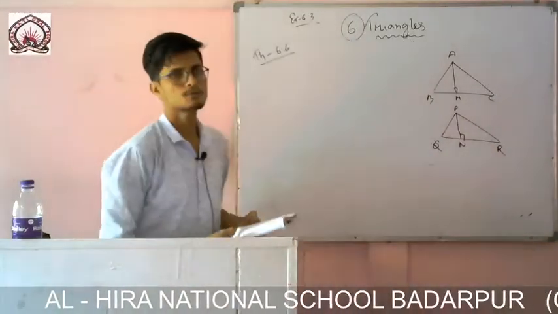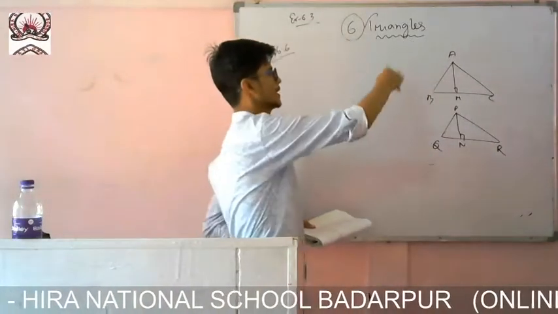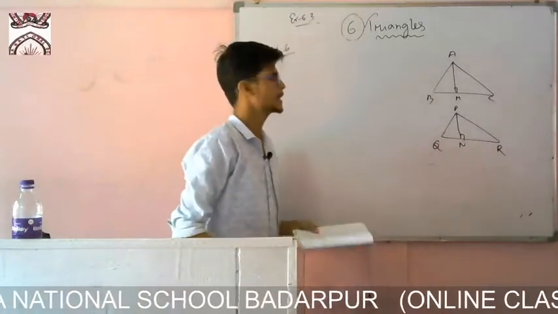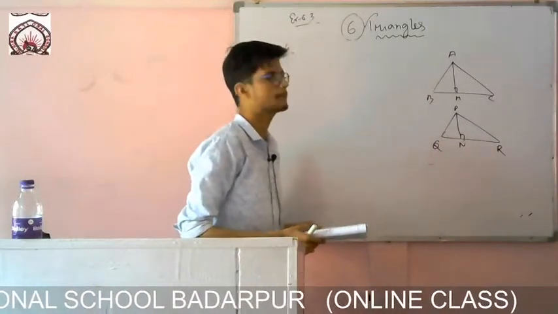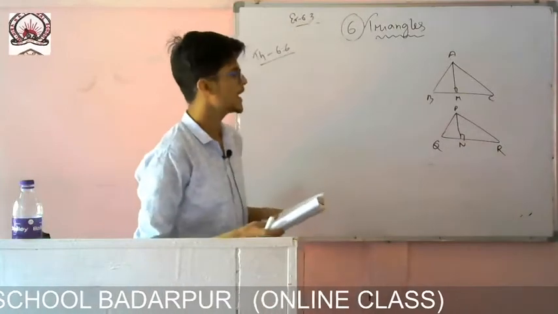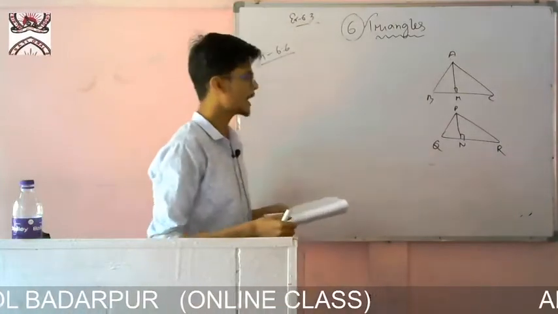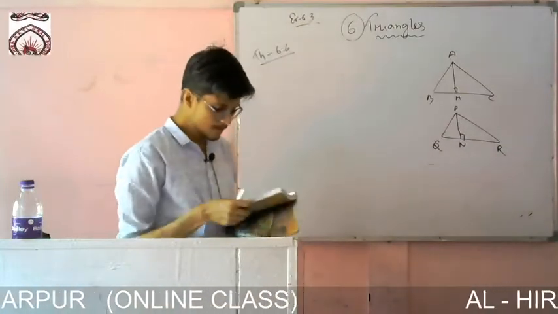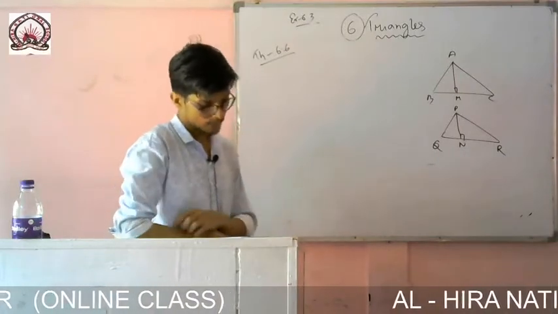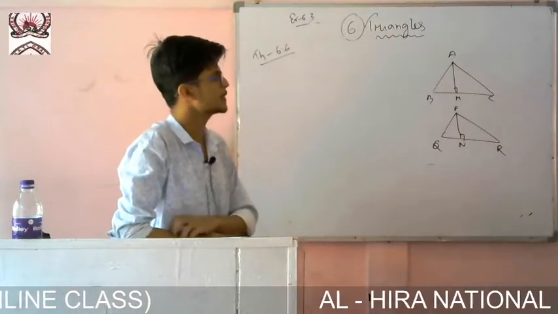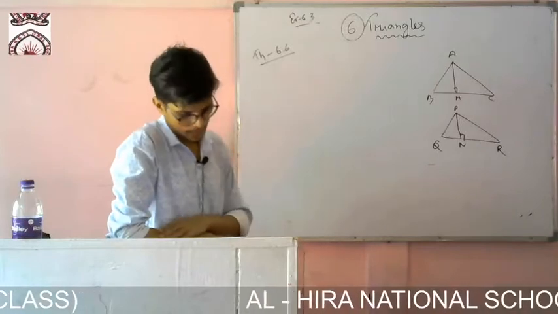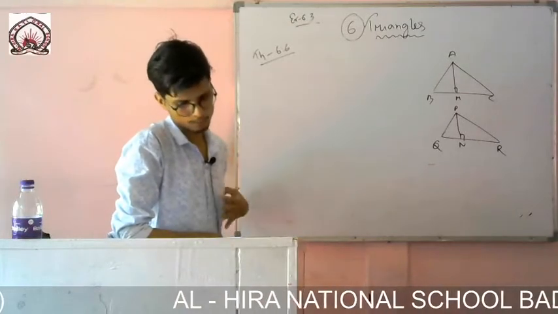So if I want to find the ratio of the area of triangle ABC by the area of triangle PQR, then always it will be the square of the ratio of their corresponding sides. Okay, now we will prove this one.